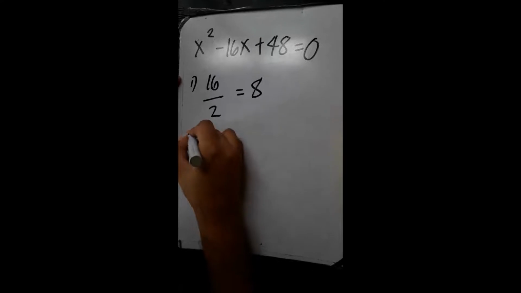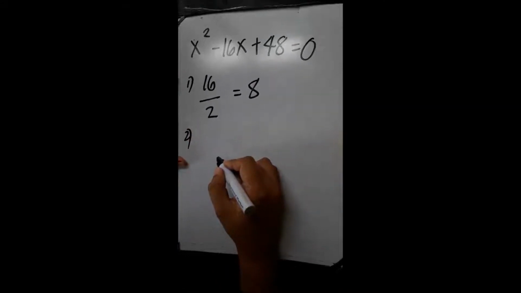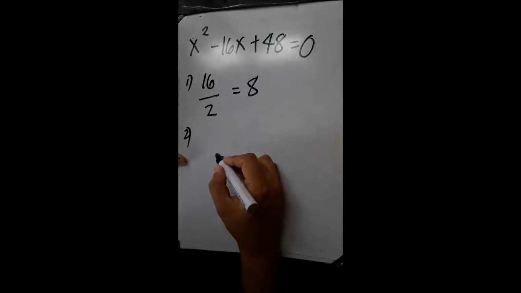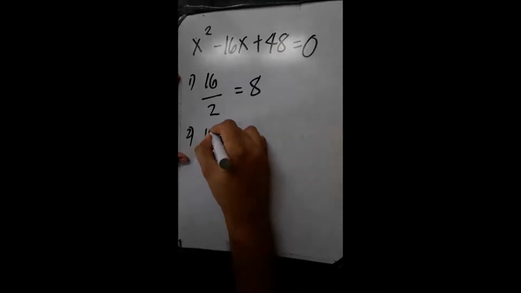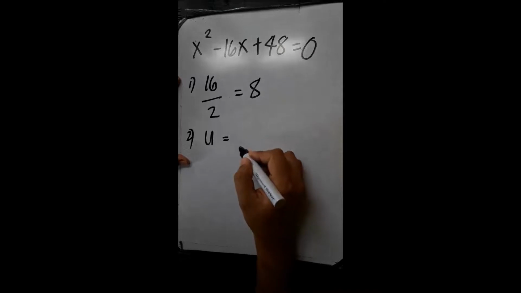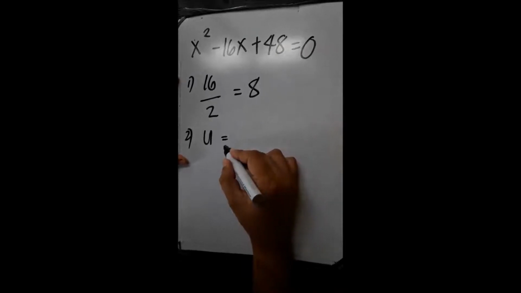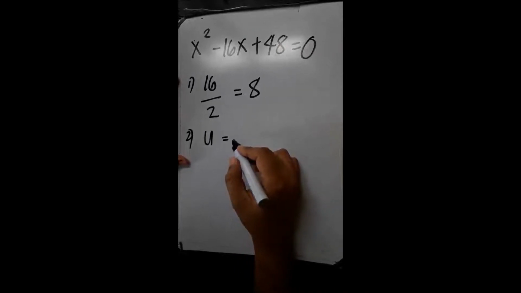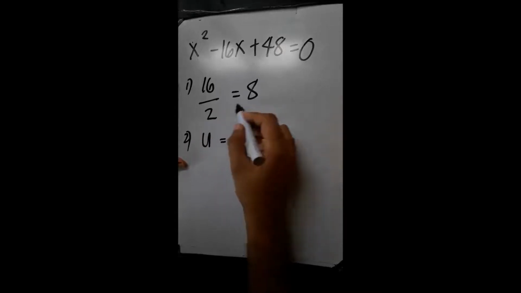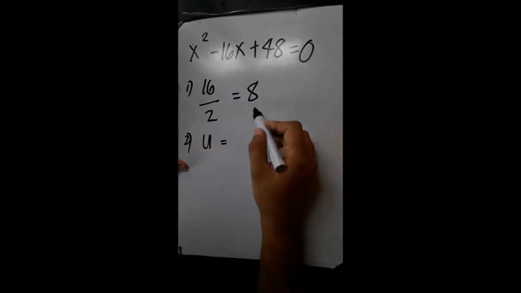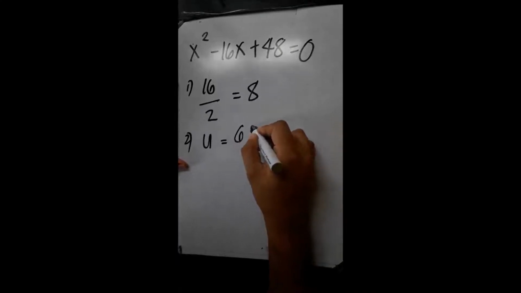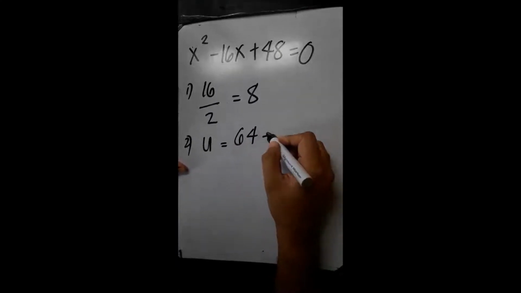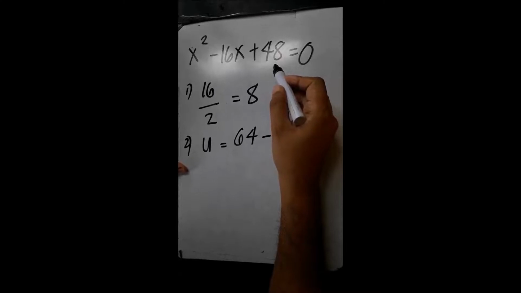And our step 2 is to get a distance, so we denote that by the letter W. This distance is equal to the square of 8, our result in step 1. So we square 8, we get 64, minus the value of our constant in this equation.